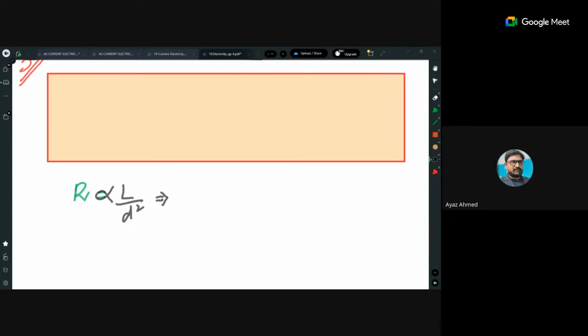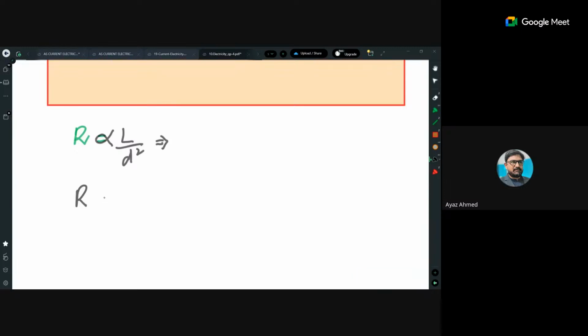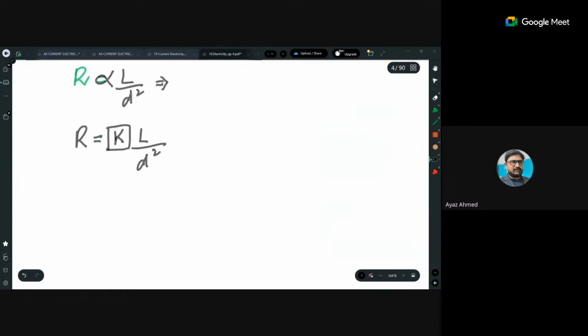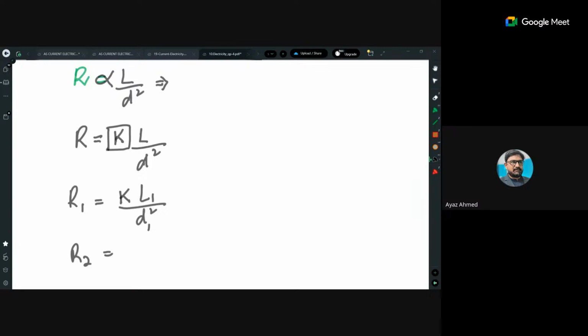Resistance is equal to k times L by D square, where k is a mathematical constant. तो मैंने क्या किया, for wire 1, K remains the same, length will be L1, diameter D1 square, and for wire 2, resistance will be R2, K remains the same, but length will be L2 and diameter D2 and its square. Are you getting my point?